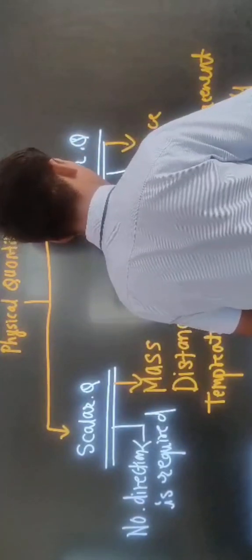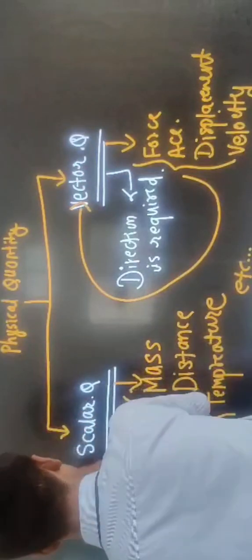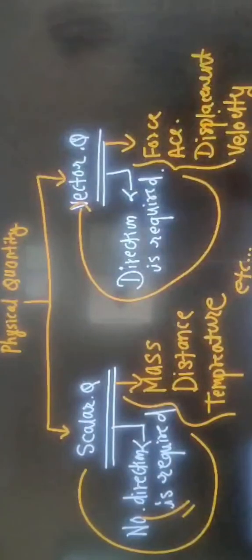So these are the examples of vector and these are the examples of scalar. So note it down in your notebook, examples of scalar and vector.